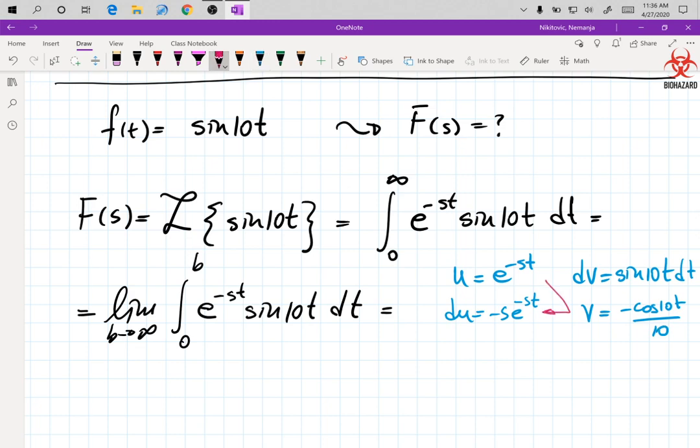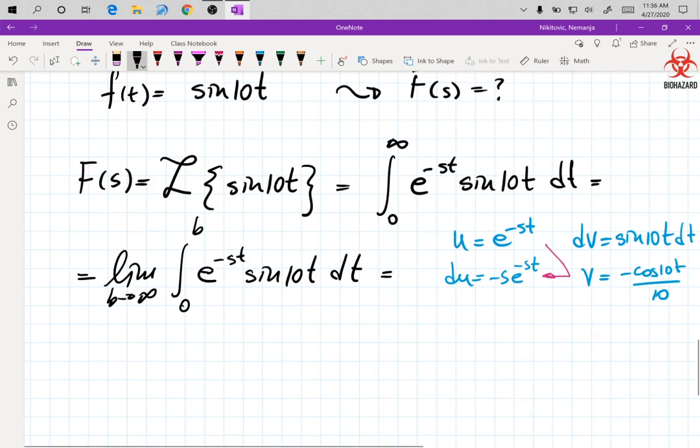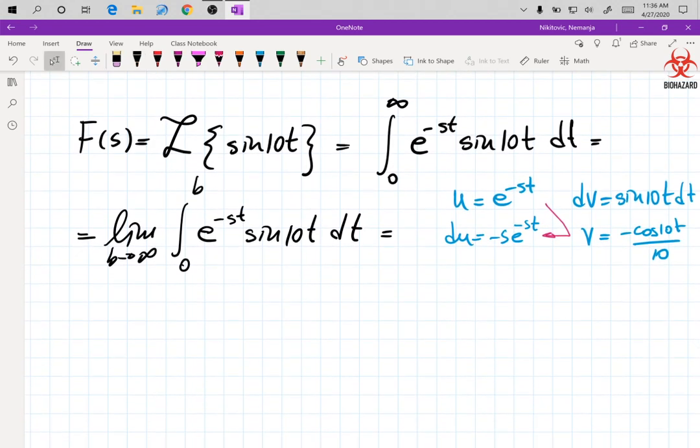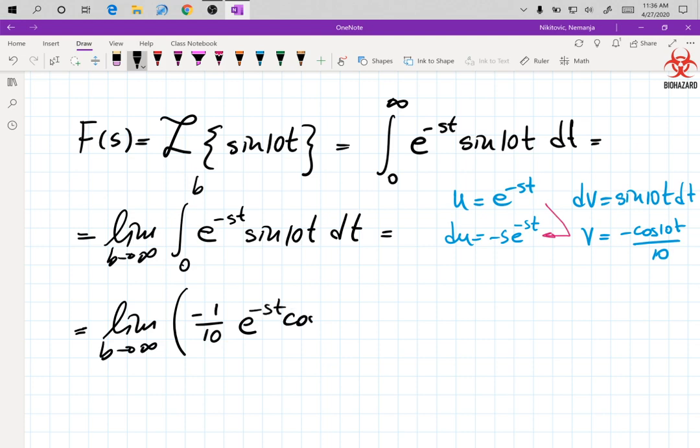And then we use our trusty arrow here for the formula. Limit b goes to infinity, open parenthesis, and let's write this mess. That's going to be negative 1 over 10 times e to the negative st cosine 10t.